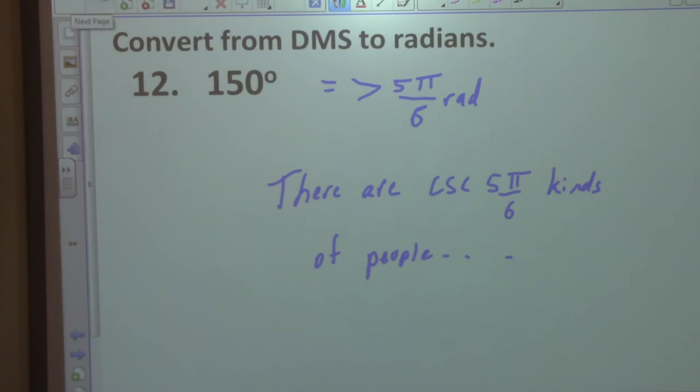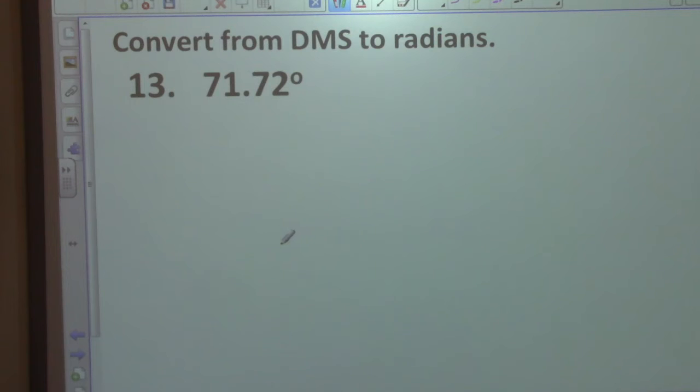Okay, now we are to number 13, where we do not have a conveniently reducible fraction for that. So for problems like this, it's going to be the same type of thing. We're going to go ahead and multiply by pi radians over 180 degrees, and degrees over degrees cancel.